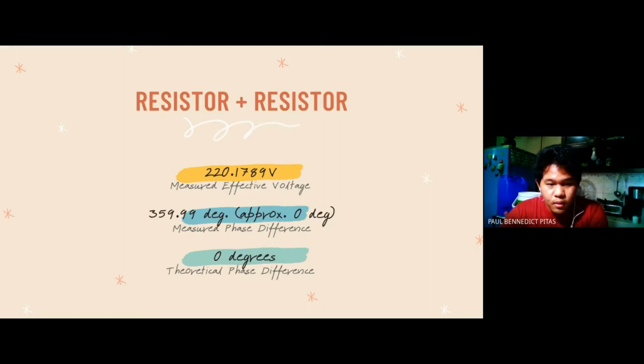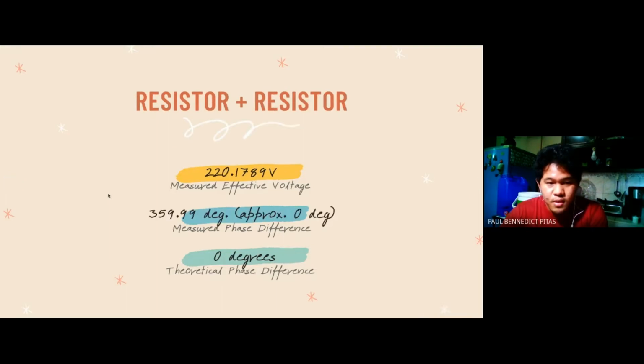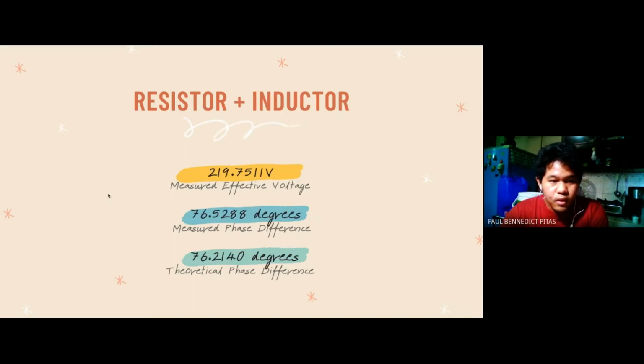In comparison with the theoretical phase difference, it yields a near 0% error. So next slide. For the resistor and inductor, the measured effective voltage is 219.7511 volts.